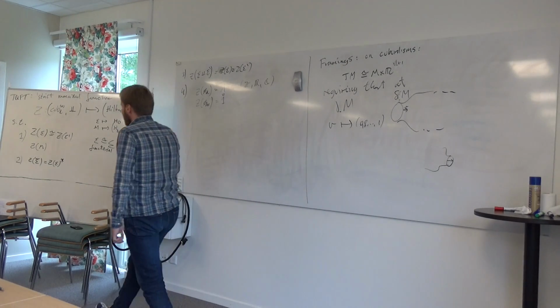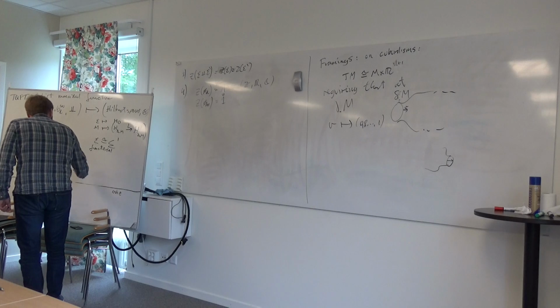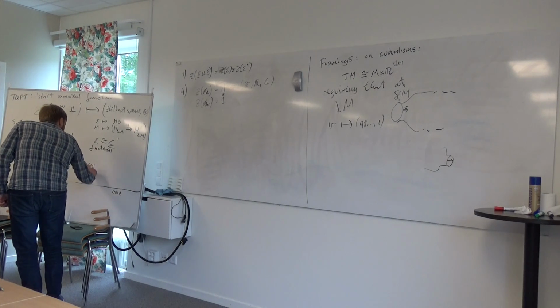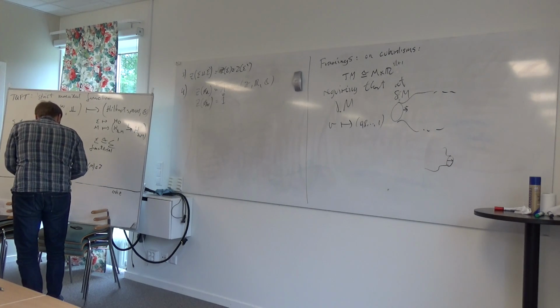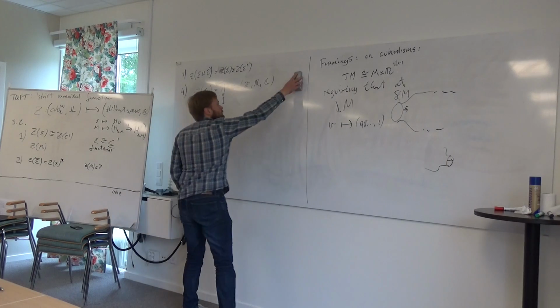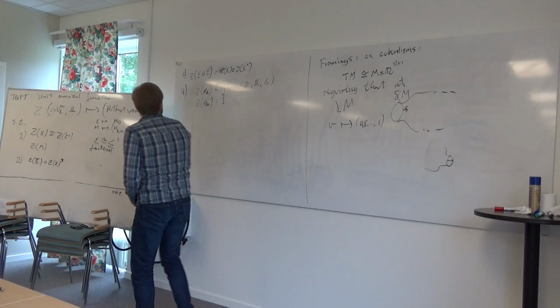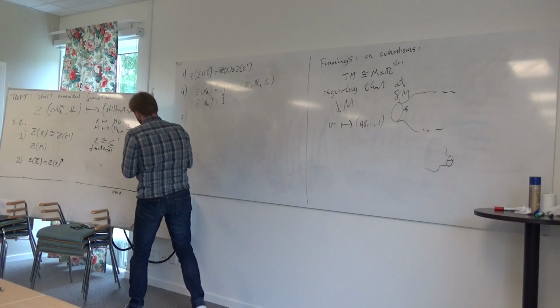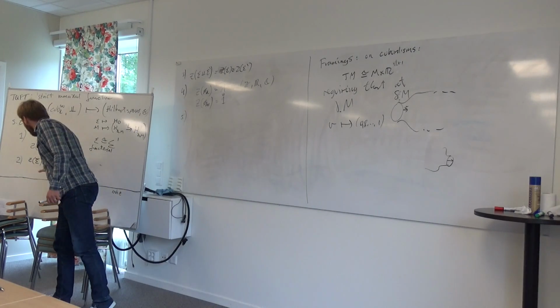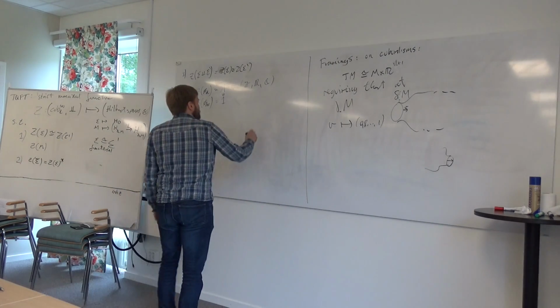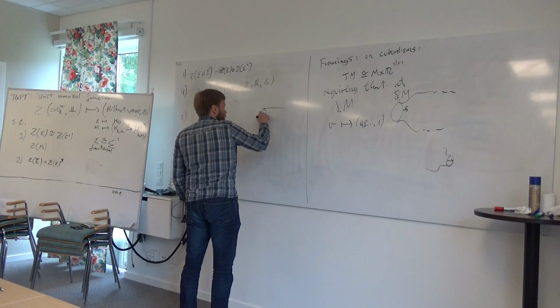And the dualization axiom, maybe I should just put that on here. I'm going to put it just next to it. So this dualization axiom is basically saying something around the following thing.